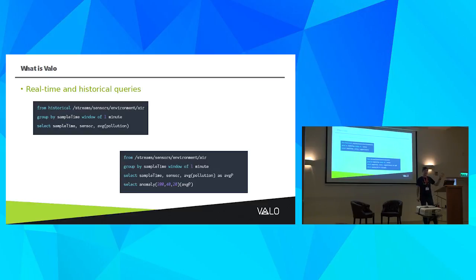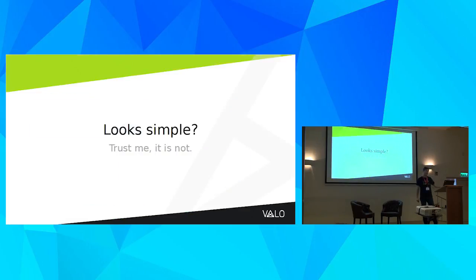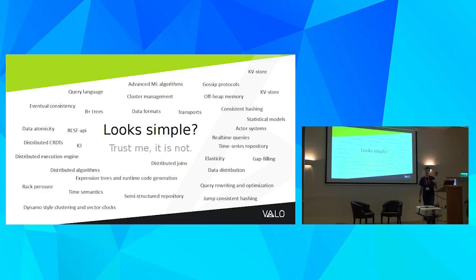So that's basically Valo, and it looks very simple, but trust me, I got 15 years of development in the finance industry, building P&L and risk systems, and building something like this from the ground up, it's not easy. These are just some of the things, concepts, and technologies you might have to deal with.